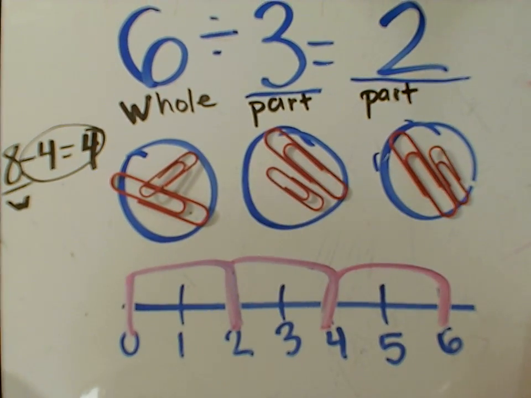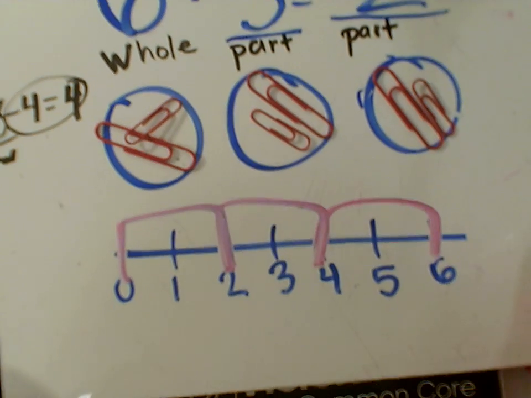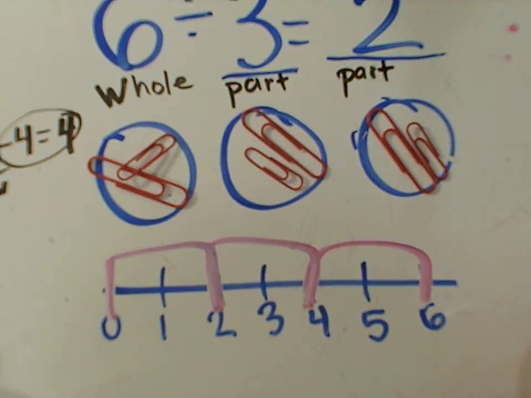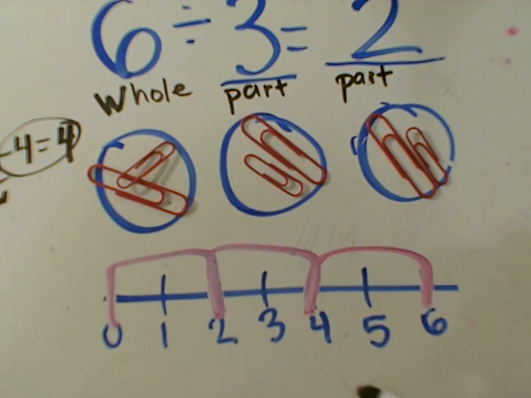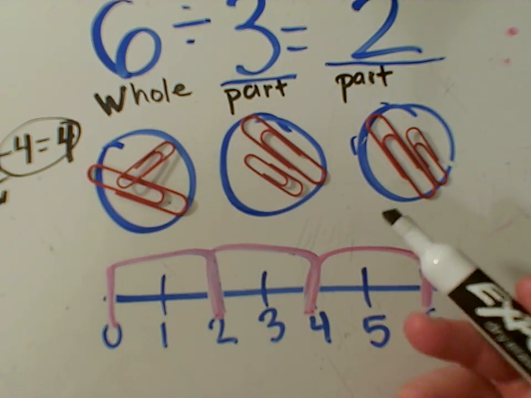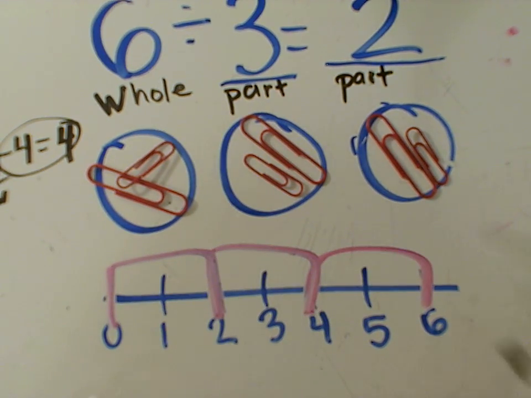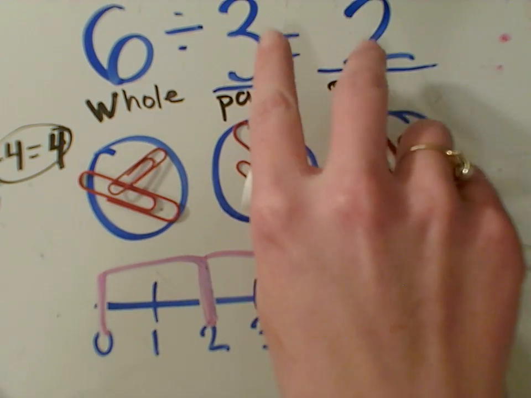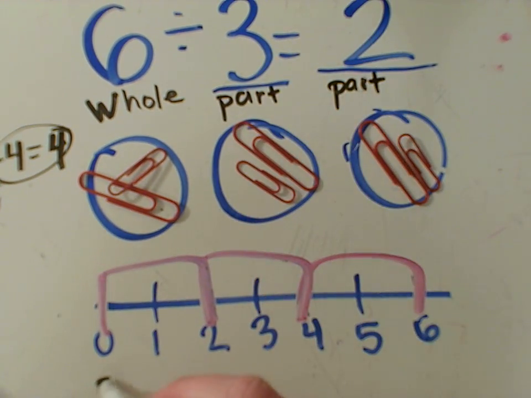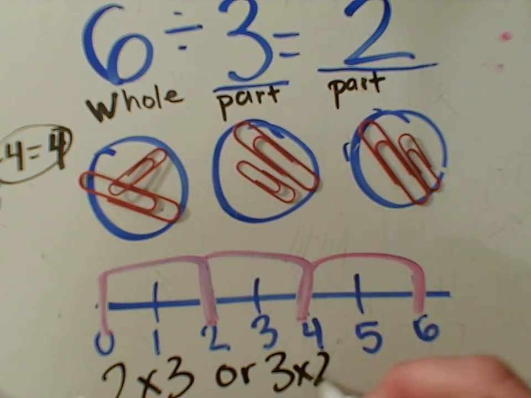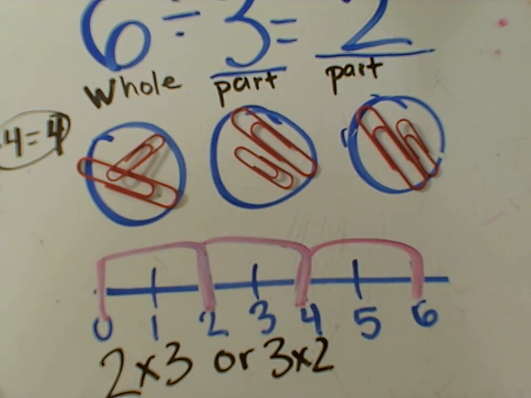So for a multiplication sentence, we can think of it as a part times a part equals a whole. The combination of the 2 parts doesn't matter. You could do 2 times 3 or 3 times 2 to get the same answer.